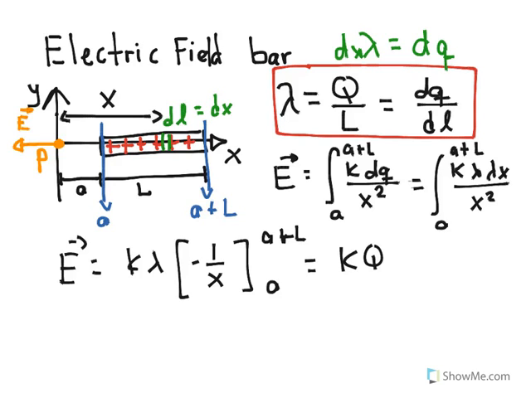Now lambda is charge over L times 1 over a minus 1 over a plus L.